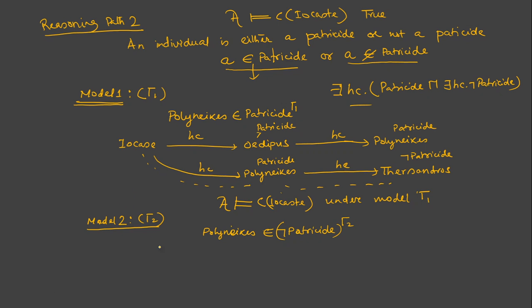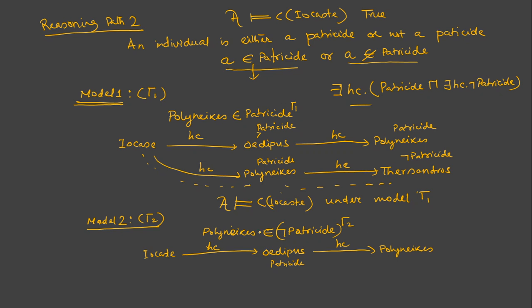Now if this is so, then we have Iocasta has child Oedipus, who is a patricide, and Oedipus has child Polynicus.